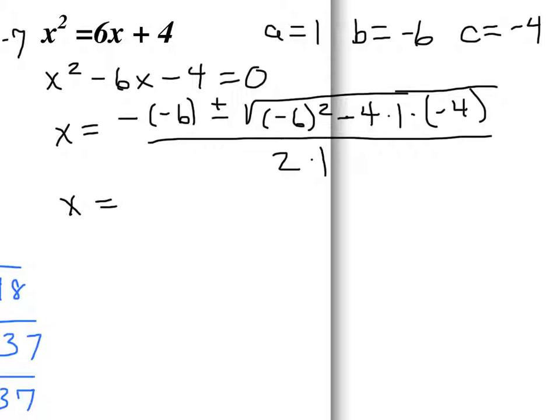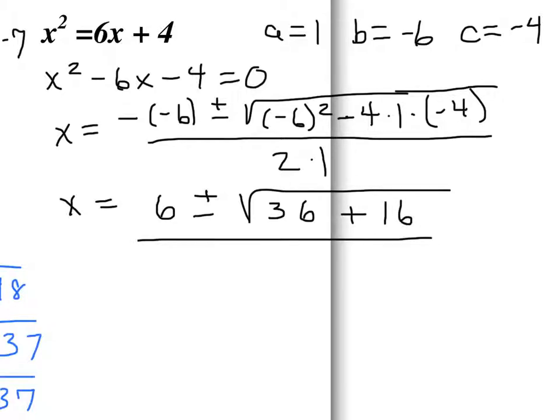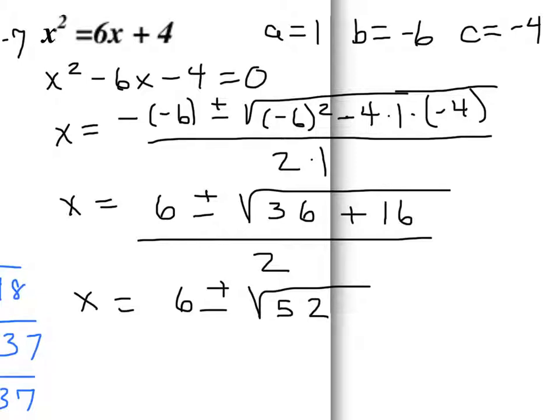What's -6? +6 plus or minus the square root of 36 minus 4 times 1 times -4, that's minus a -16, so plus 16, all over 2. 6 plus or minus the square root of 52.